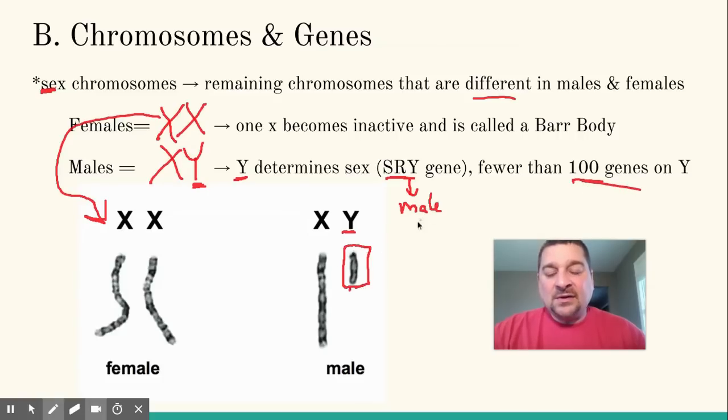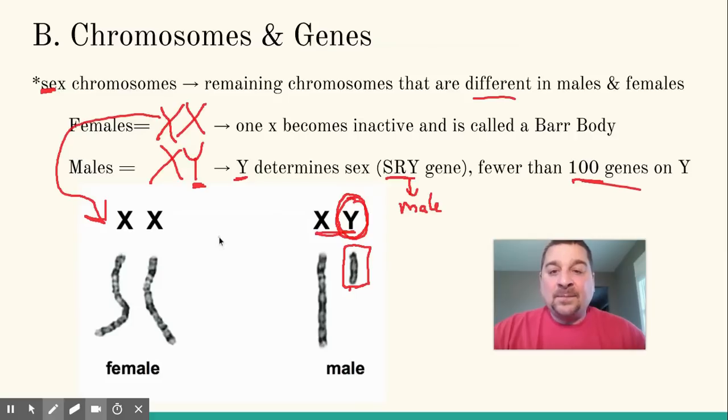There are fewer than 100 genes on it because obviously they can't be too critical, since females do not have this Y chromosome. The X chromosome can have more genes on it because a male still has an X chromosome and it can have genes that can be read. This Y determines maleness, and you could say female is the default sex in humans.